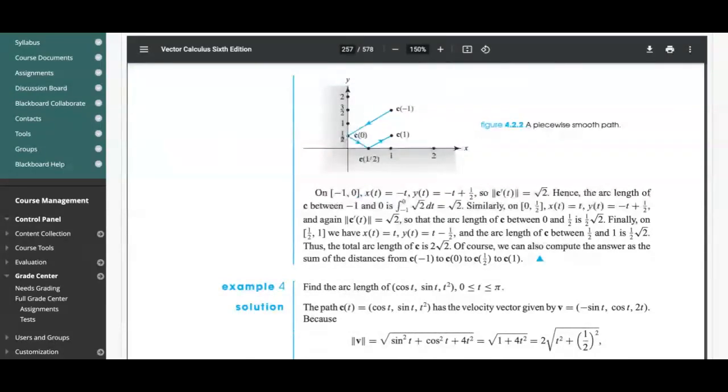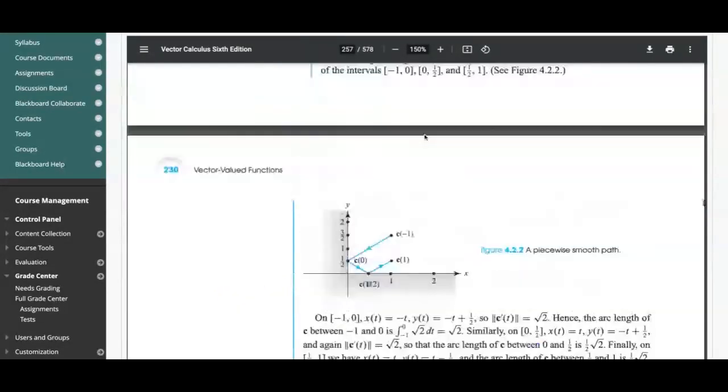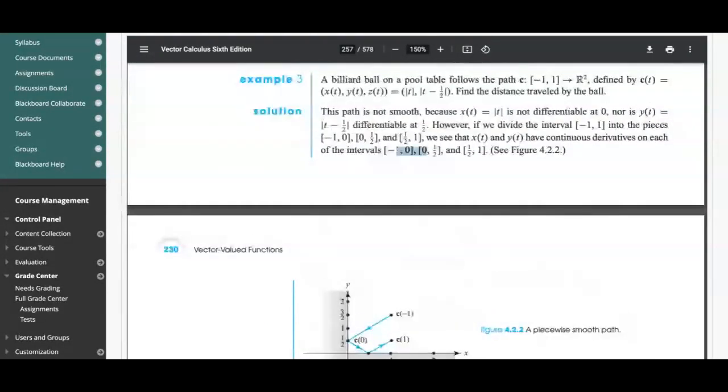You see, we have this vertex, we have this one. At these two places, at 0 and half, the path cannot be differentiated. So we have to separate into different intervals to ignore 0 and ignore half.